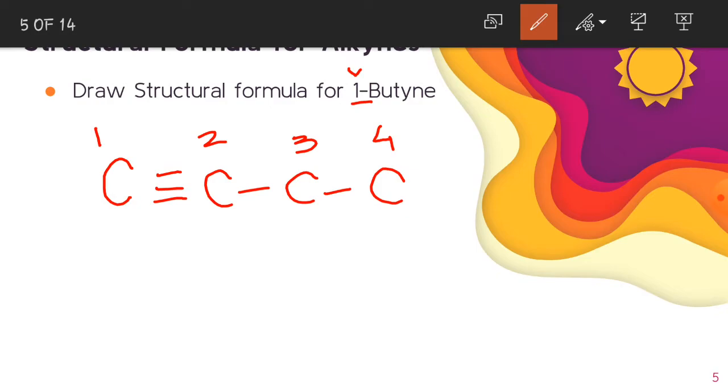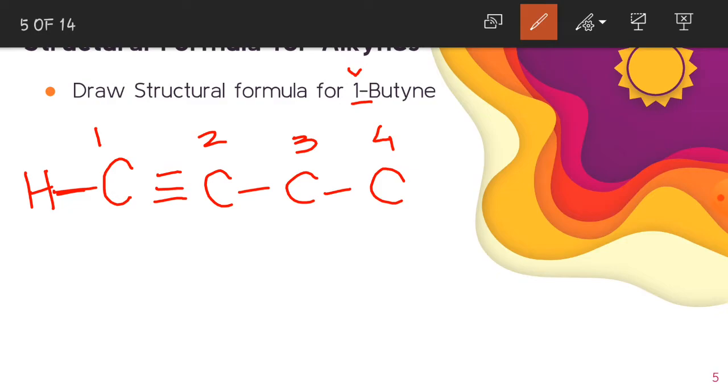After drawing the triple bond, we will complete the valency of each carbon atom. Now, if you look at carbon 1, 3 bonds are drawn already. We will draw another bond in order to complete its valency, and hydrogen will be attached at the end of that bond.